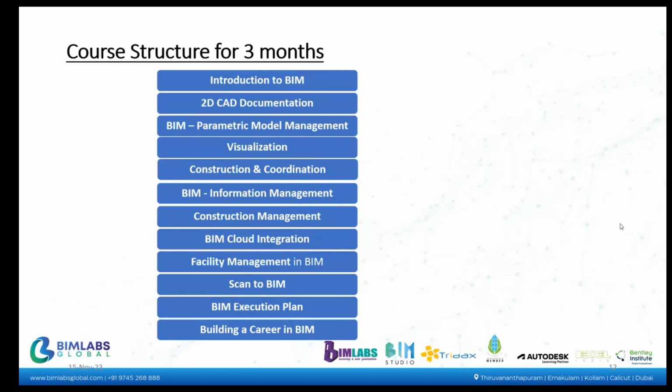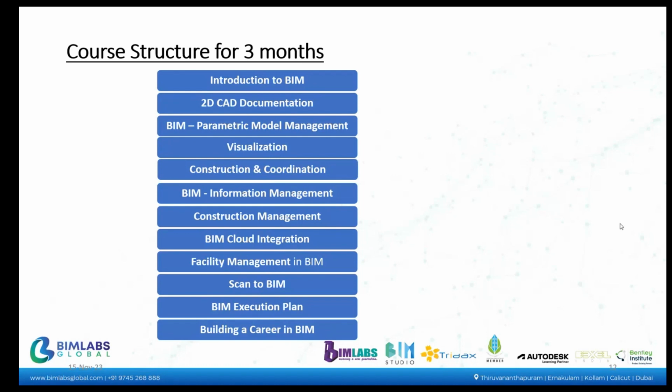To coordinate this together, and to review each model, it is done by the BIM coordinators. That part is done in construction and coordination. How we coordinate the architecture model and structure model, and when we compare them together, we need to check whether there are any clashes or not. All those things will be covered under this part, construction and coordination.